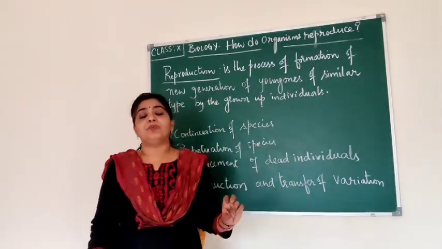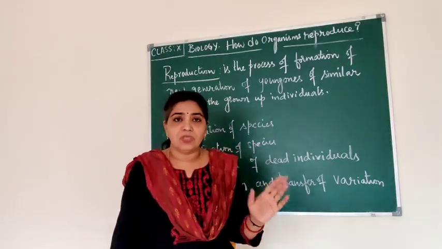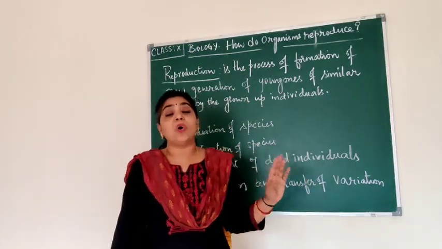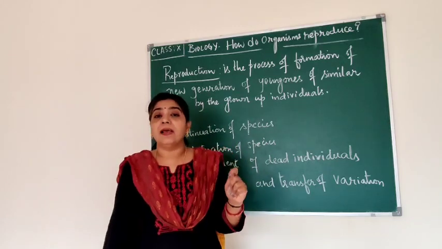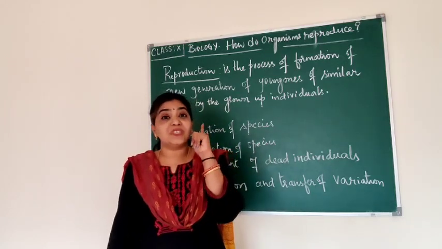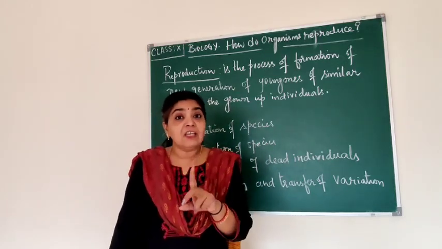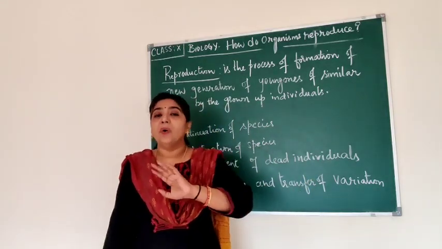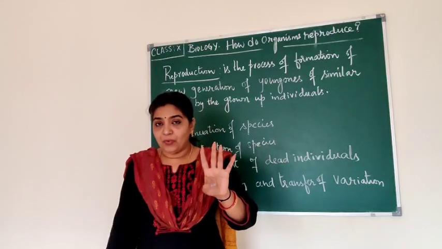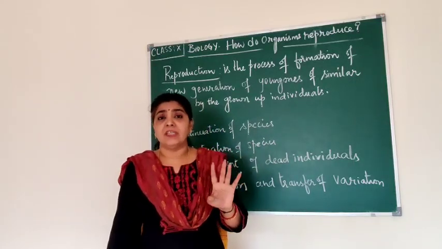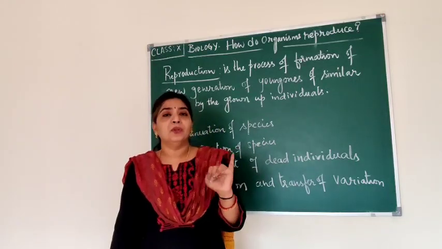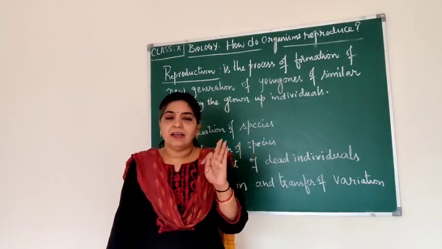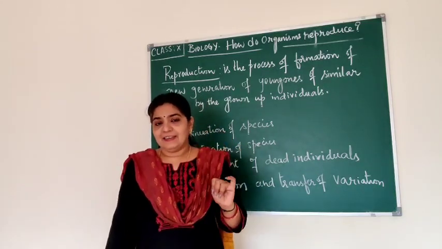Life processes are the activities which help an organism to survive. For an individual organism to survive, it has to carry out all four life processes: nutrition, respiration, transportation and excretion.